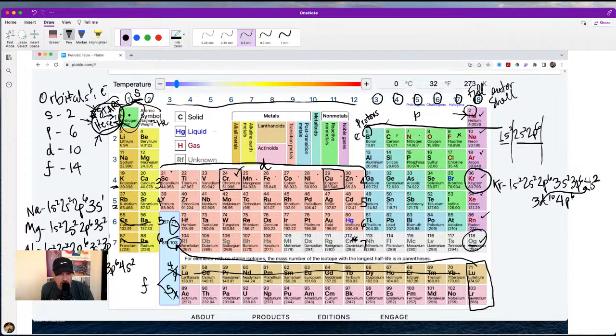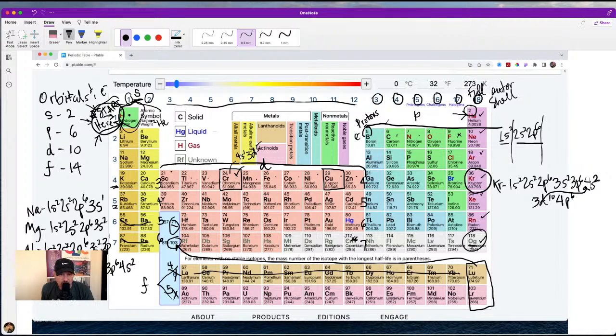3d1, 2, 3, 4. So normally we would think 4s2, 3d4 would be the last line. But it's actually 4s1, 3d5. Okay, so 1, 2, 3, 4, and then one of the 4s electrons comes down to the third d orbital.